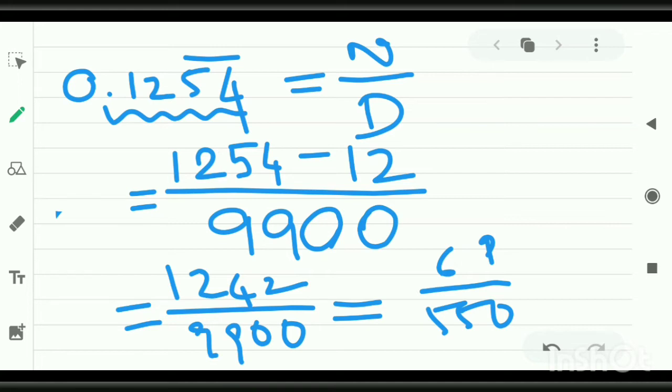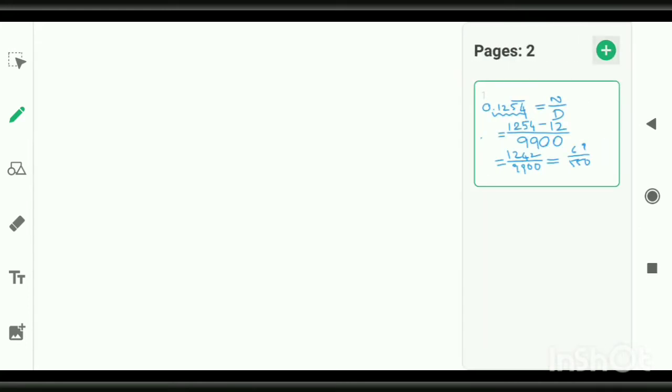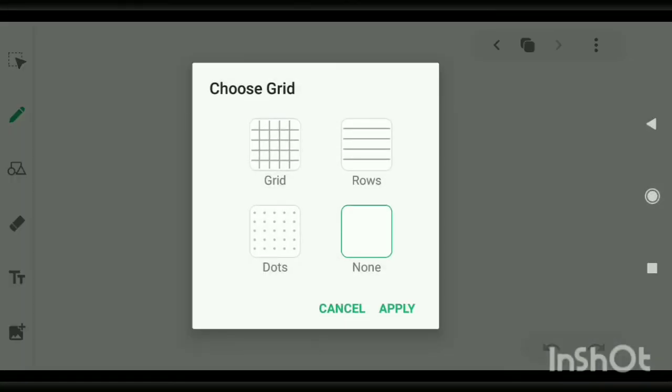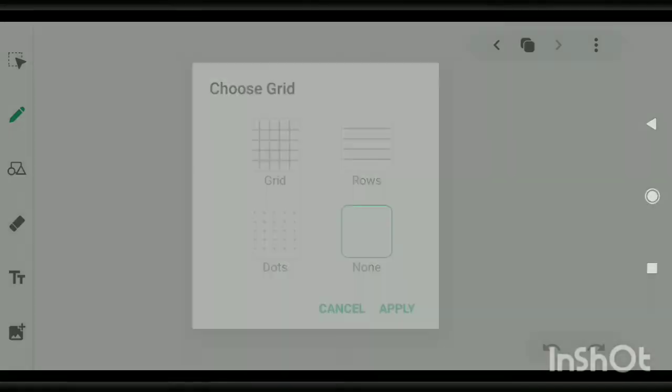Let's solve the second one. Here the question is 2.536 with a bar. Here 6 is the only repeating digit, whereas 2, 5 and 3 are non-repeating digits.